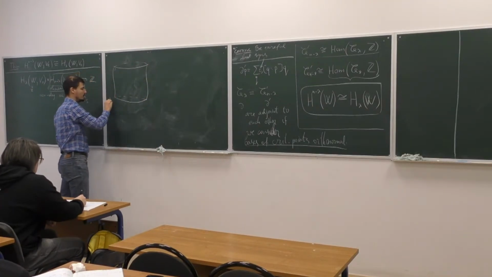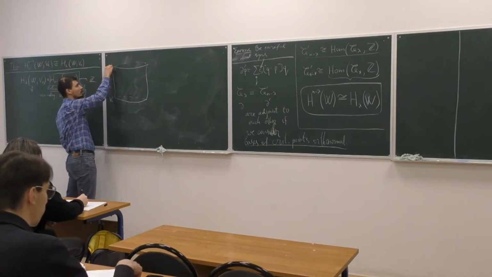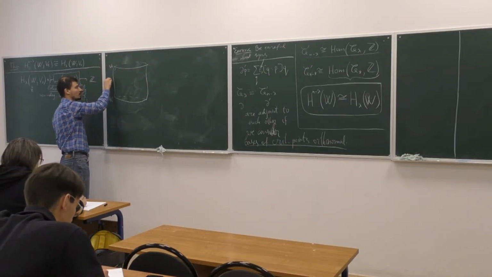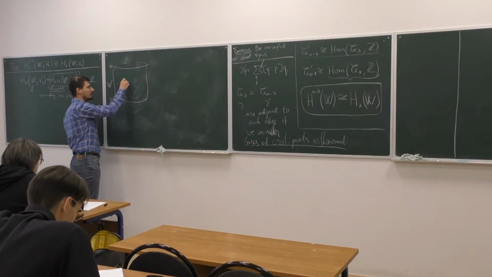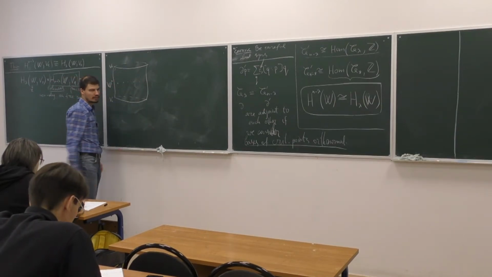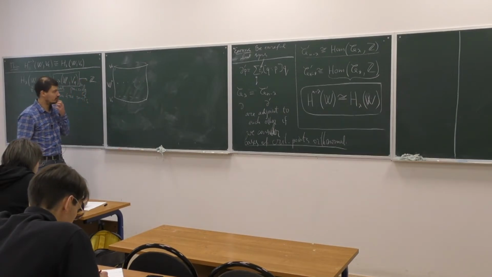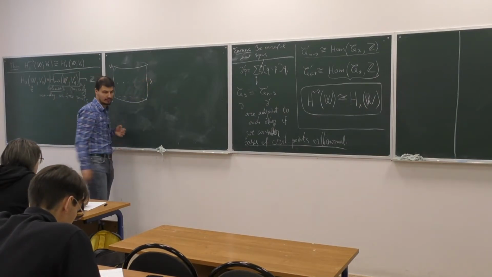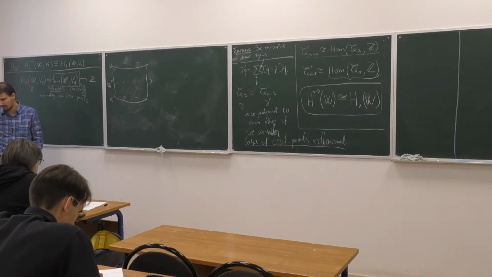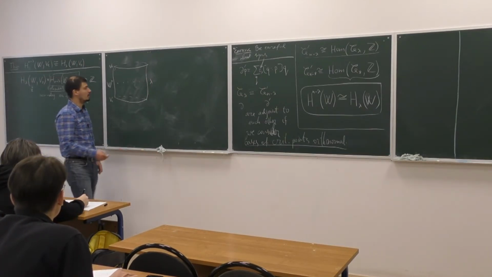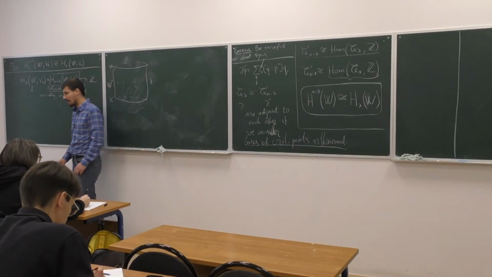We have again V0, V1, W, and we have only one type of critical points. All critical points have the same index lambda, and all of them are on the same level.